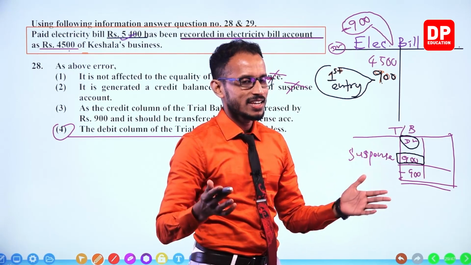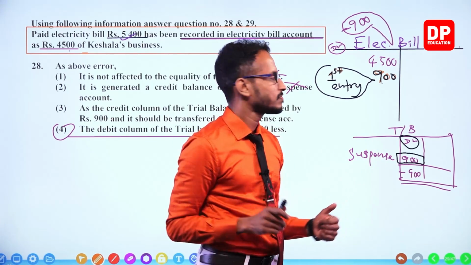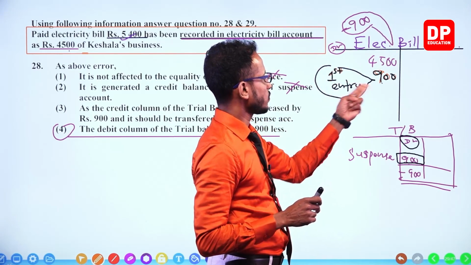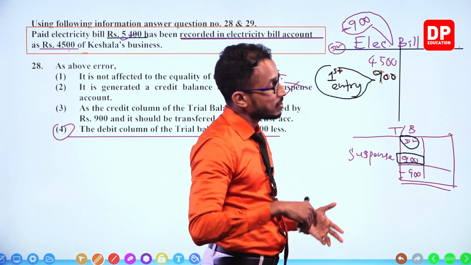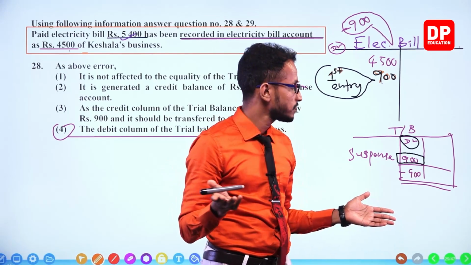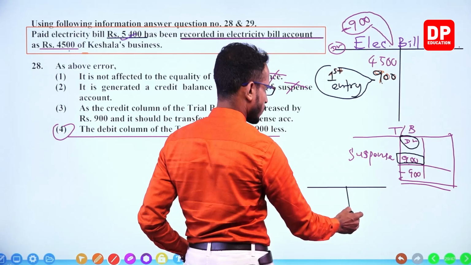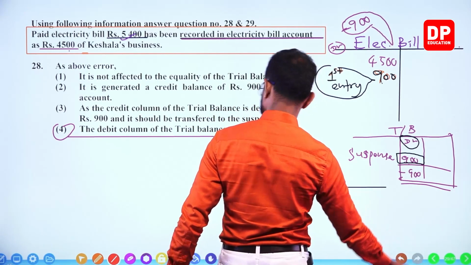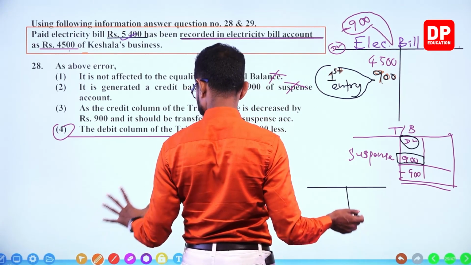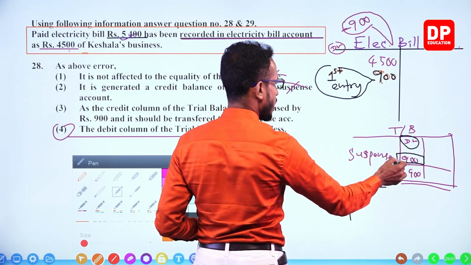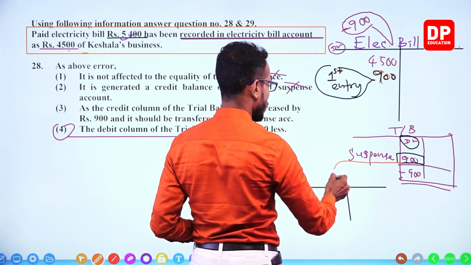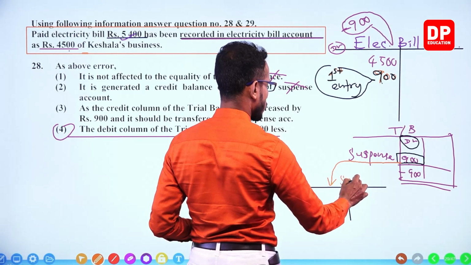If this error is the only error, you debit electricity bill account 900, credit the... what? This 900 has gone to the suspense account now. This is the suspense account.